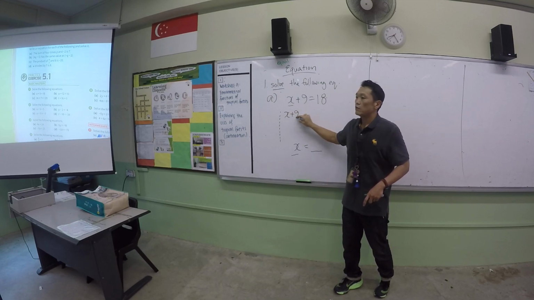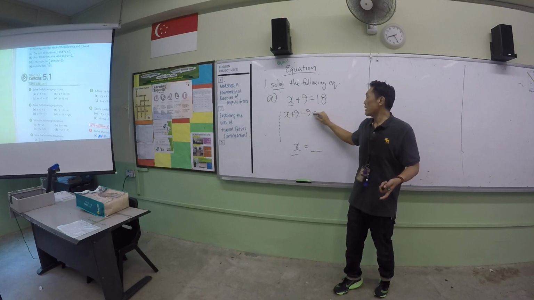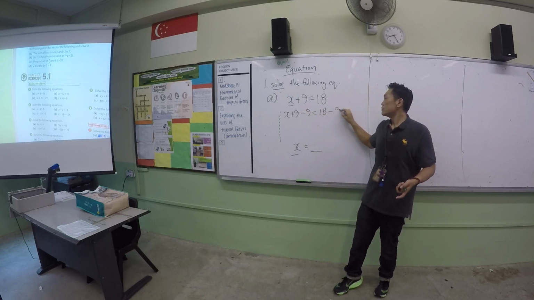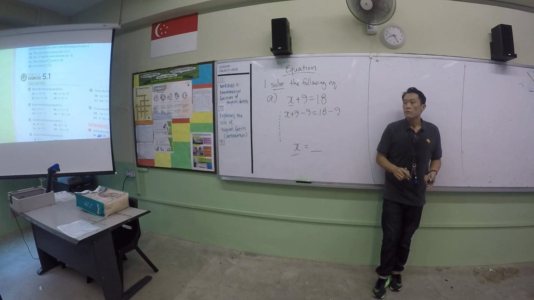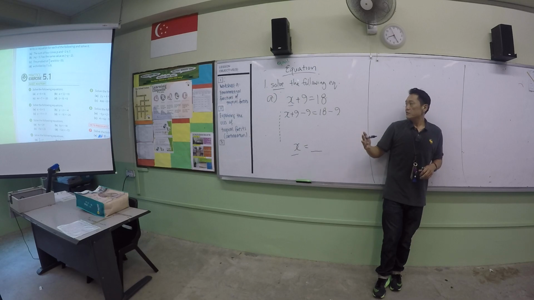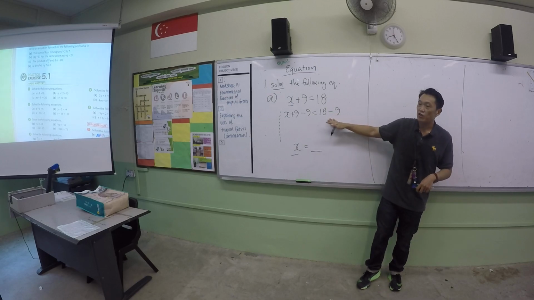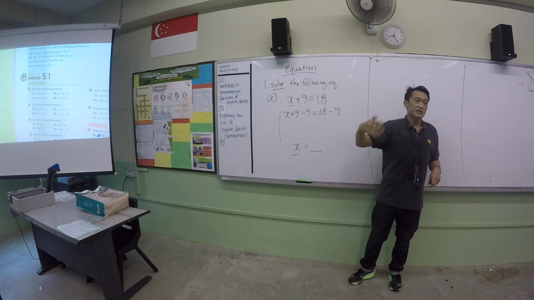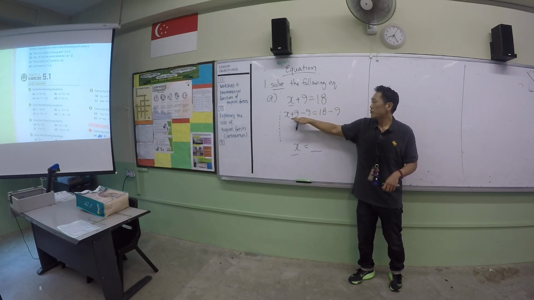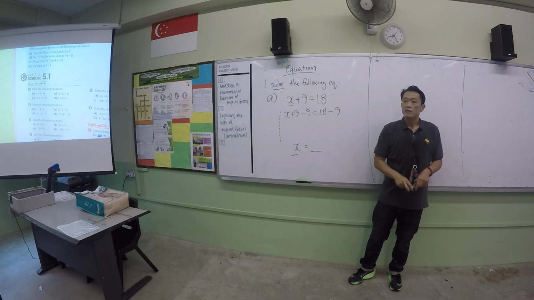I thought we just take 18 minus. Yeah, we are taking 18 minus 9. Why do you do so complicated? Minus 9, why you cannot? Because later you will see. Okay? Minus 9 is correct, but why you minus 9 is because you want to get rid of this plus 9.